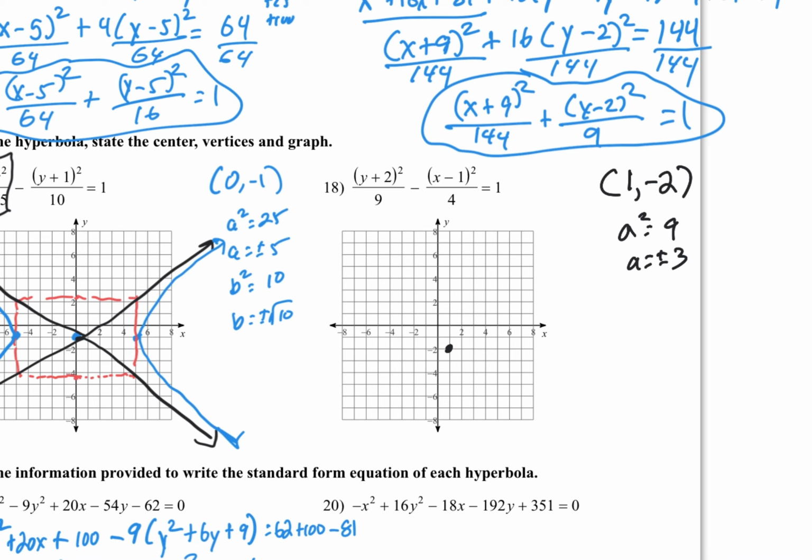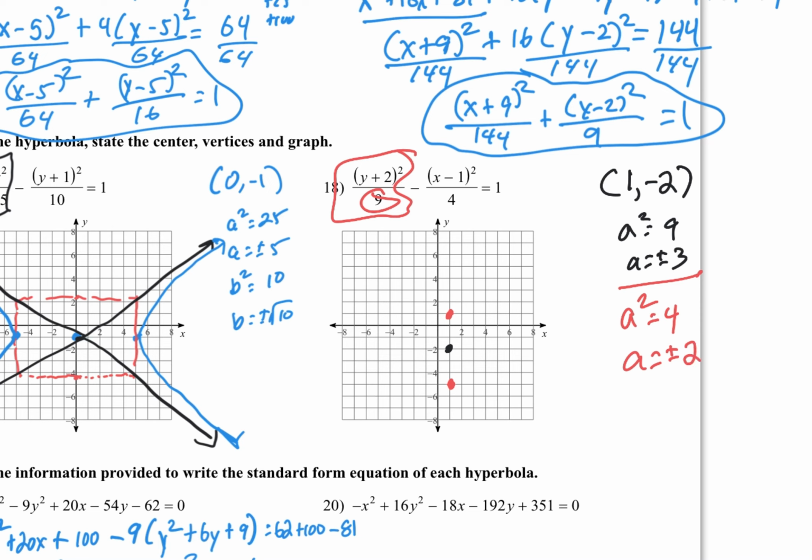Now, the a value is underneath the y value, so that tells us I have to go up 3 and down 3 for my points. A squared is equal to 4, so a is equal to positive or negative 2.